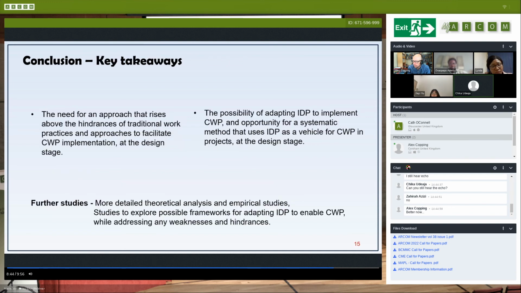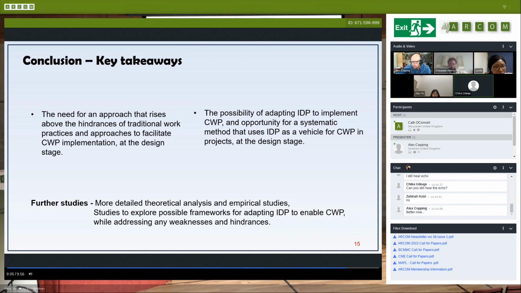In conclusion, I would say that this study explored the relevance and need for IDP to achieve CWP and highlights the viability in the project design stage for CWP efforts. The key takeaways in this study are: 1.